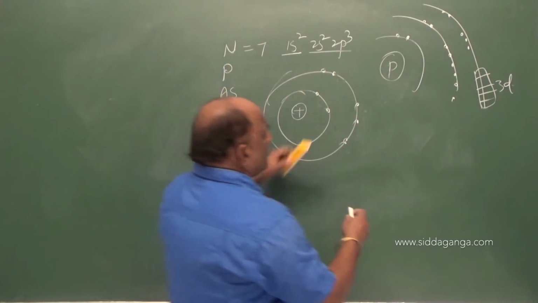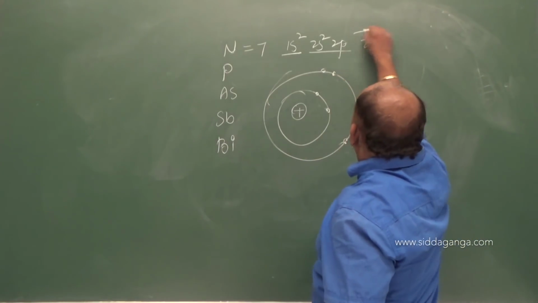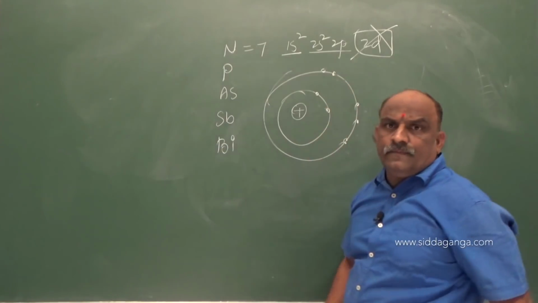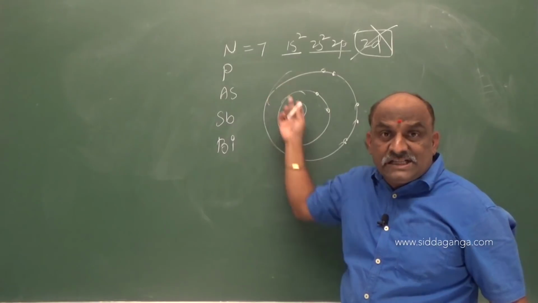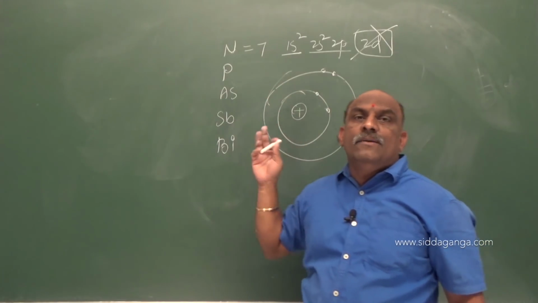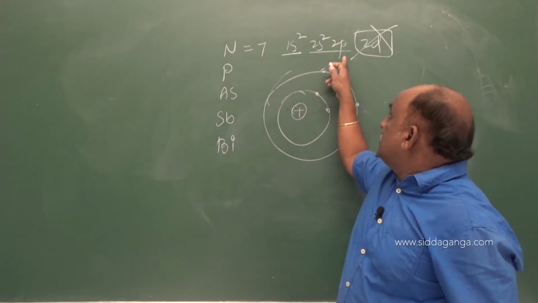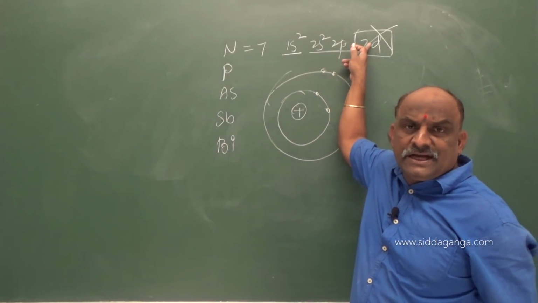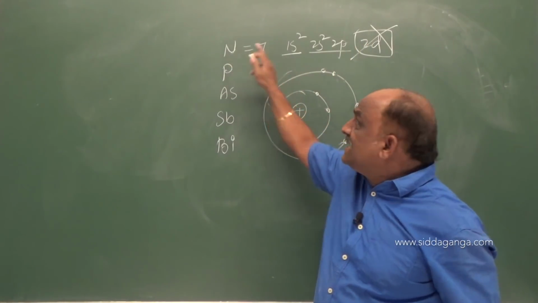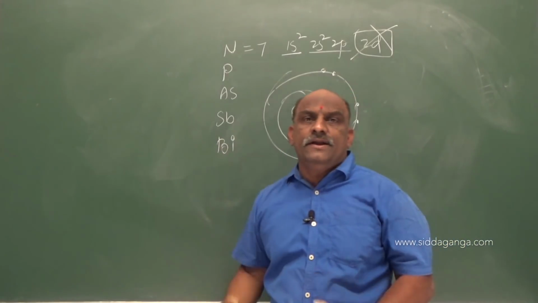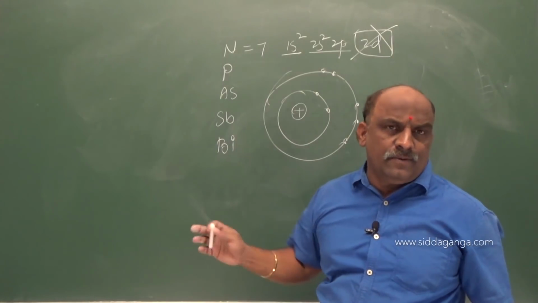Is it possible to form 2d? 2d is not possible, because d orbitals start from the M level, KLM, the third shell. So there is no scope for 2d in the second shell. Nitrogen doesn't have vacant d orbitals; the rest of the elements have vacant d orbitals.